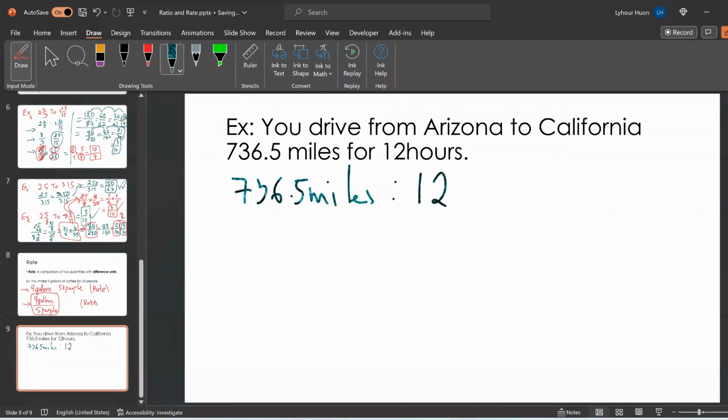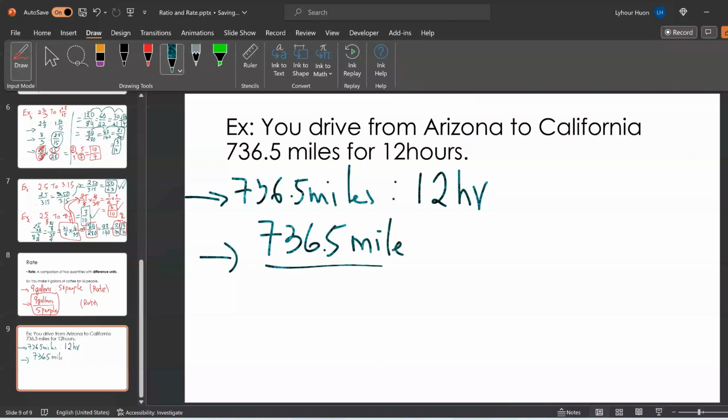Don't forget hours. 12 hours and 44 minutes, but I don't know if you want that. Or you can write 736.5 miles over 12 hours as a fraction.